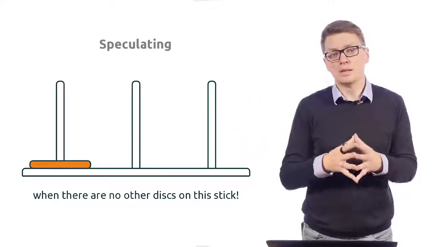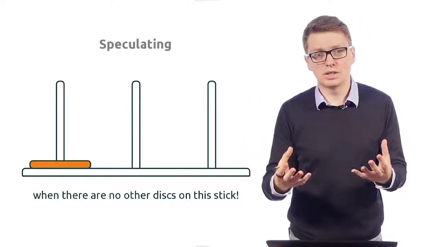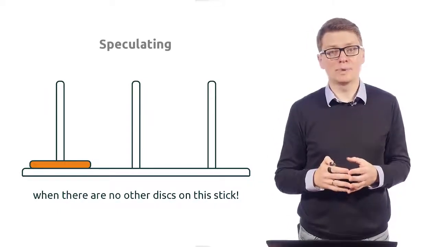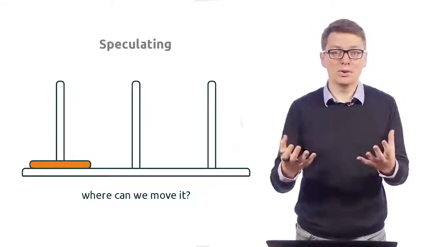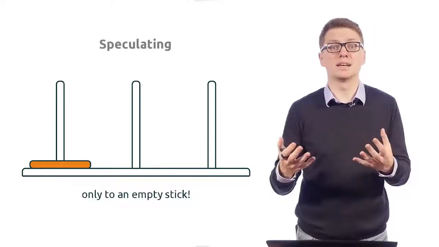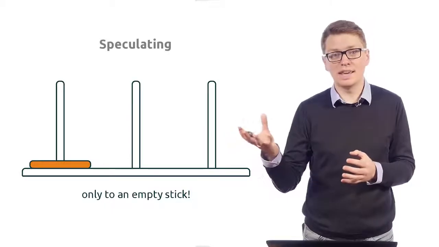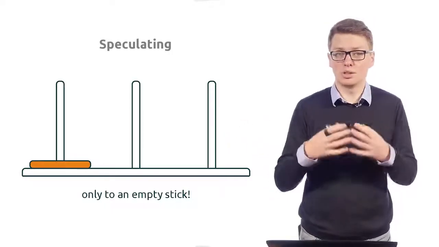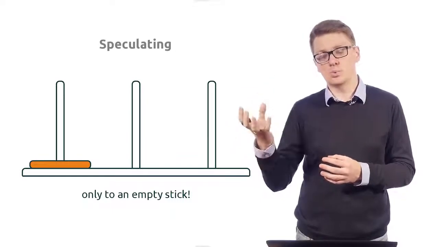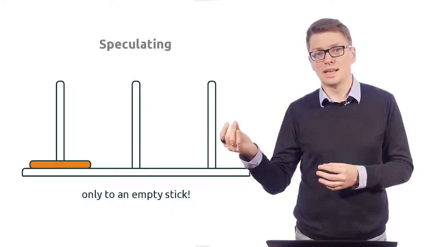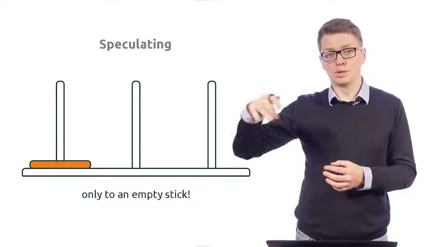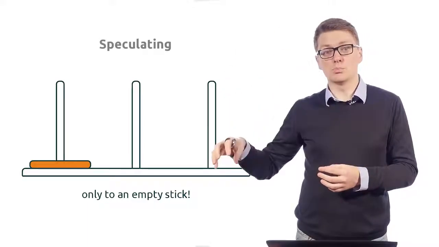So for which stick can we move it? I'm claiming that the only stick to which we can move it is the empty stick, right? Because if there is at least one disk on this stick, then by moving the largest disk to this stick, we will put a larger disk onto a smaller one, violating the rules.